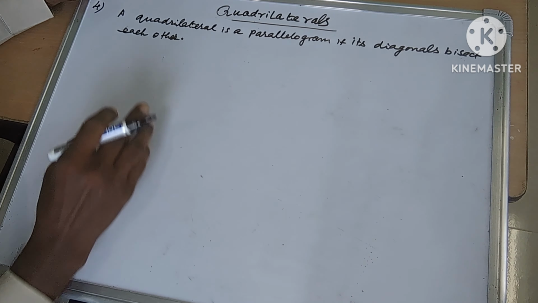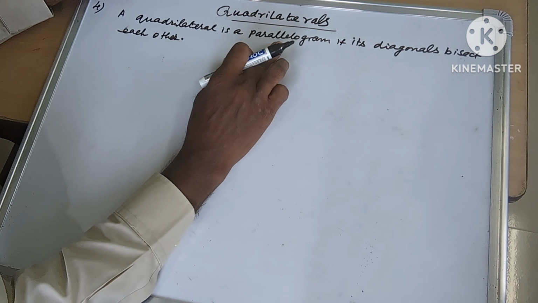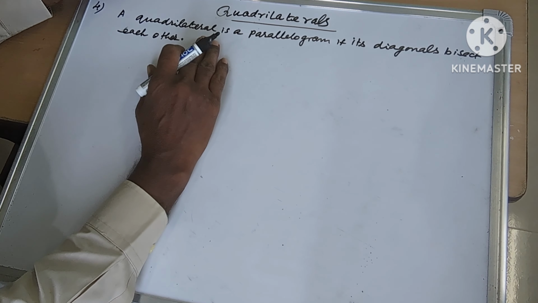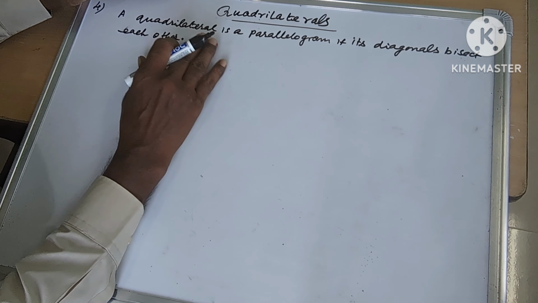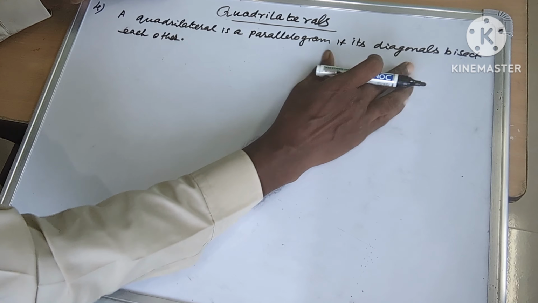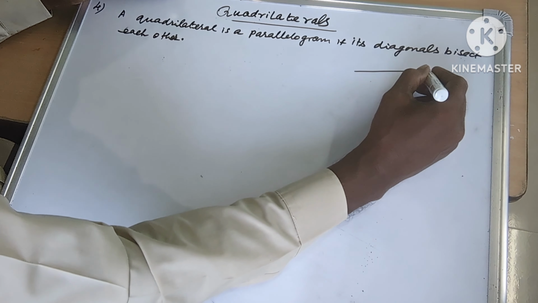Yes. Now, the converse: the quadrilateral is a parallelogram. We have to prove that the given quadrilateral ABCD is a parallelogram. The condition given is that the diagonals bisect each other.